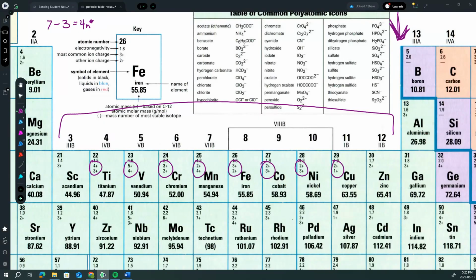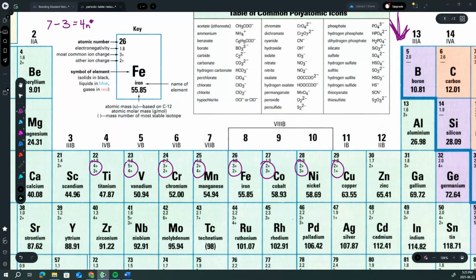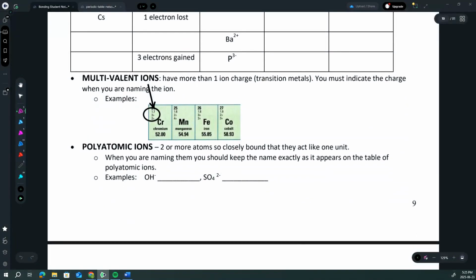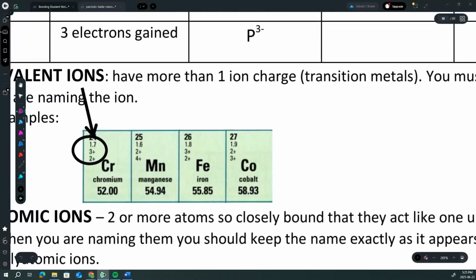So because there's more than one option, that's why you have to specify what the charge is. And in doing so, you're going to represent the charge using Roman numerals. So let's say I was trying to represent a chromium ion with a charge of +3.